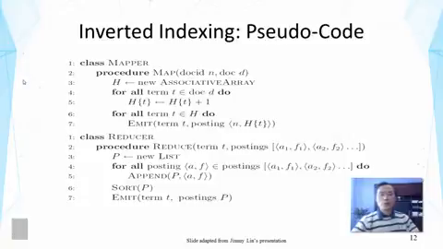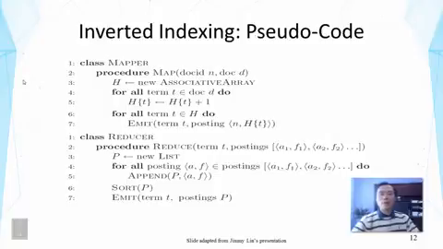So this is pseudocode for inverted index construction. Here we see two functions, procedure map and procedure reduce. And a program would specify these two functions to program on top of MapReduce. And you can see basically they are doing what I just described.